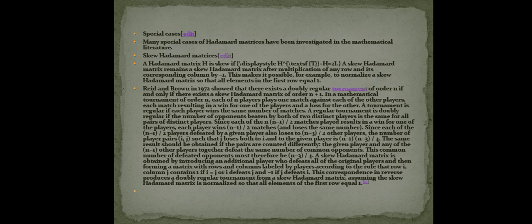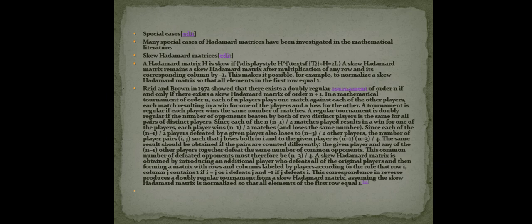A skew Hadamard matrix is obtained by introducing an additional player who defeats all the original players and then forming a matrix with rows and columns labeled by players according to the rule that row i and column j contains 1 if i equals j or i defeats j, and minus 1 if j defeats i.